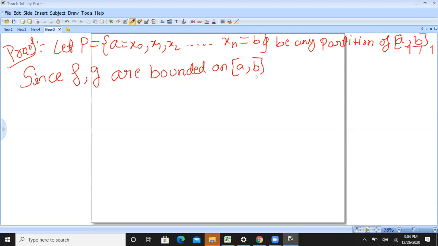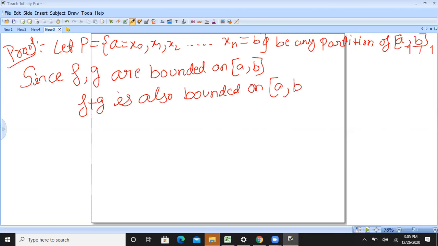Since f and g are both bounded, we can say that f and g are bounded. So we can say f plus g is also bounded on the closed interval [a, b].